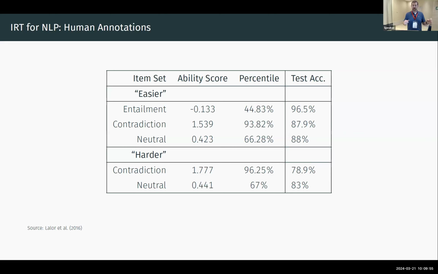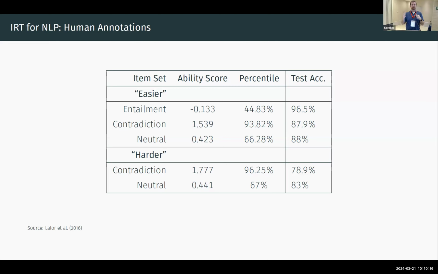Now, if we keep going with that, we can turn these into test sets, right? If you have a dataset where you can assume certain examples are easier or harder a priori. In this case, for natural language inference in SNLI, there's a validation portion of the training set where they got multiple annotations.